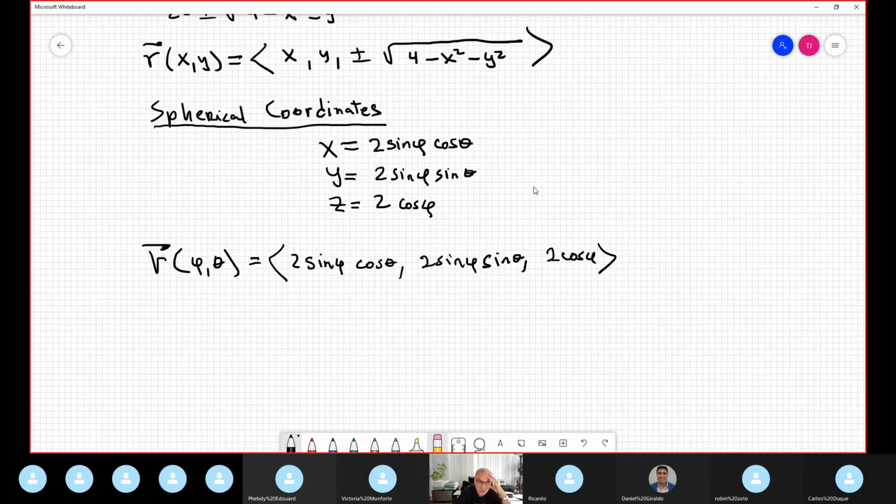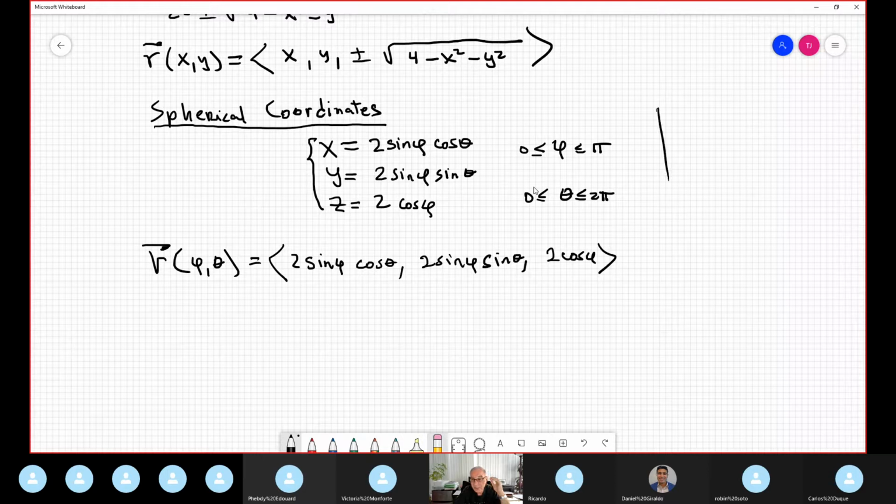Remember, when you parameterize something in this way, with a vector valued function, you need a specification of the domain. And the domain in this case is 2 dimensional because it's phi and theta. So I need to represent a full sphere. Phi varies from 0 to pi, and theta varies from 0 to 2 pi.